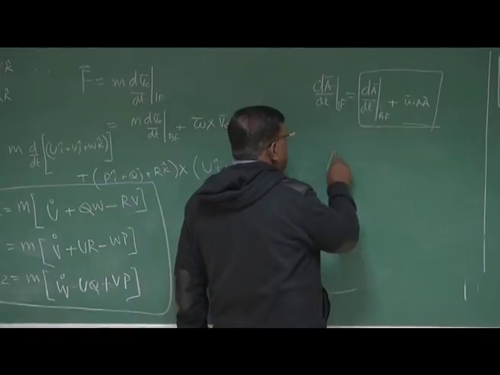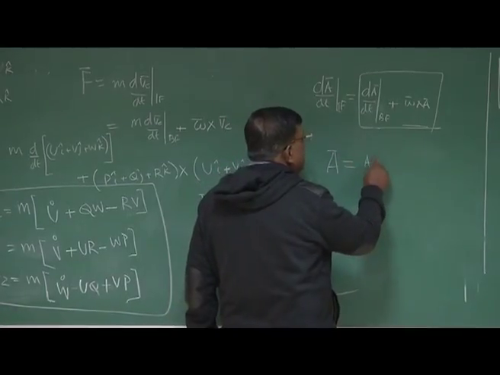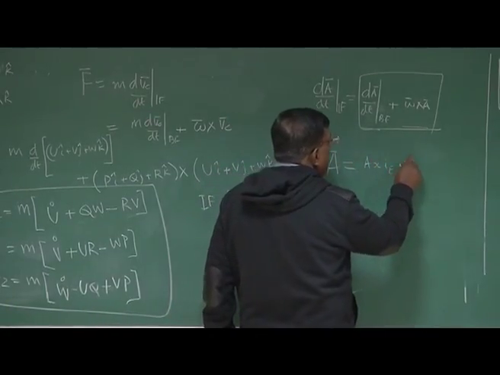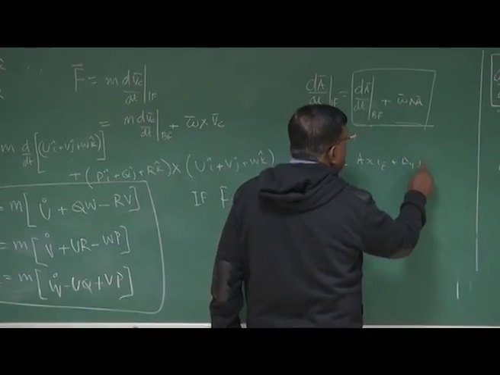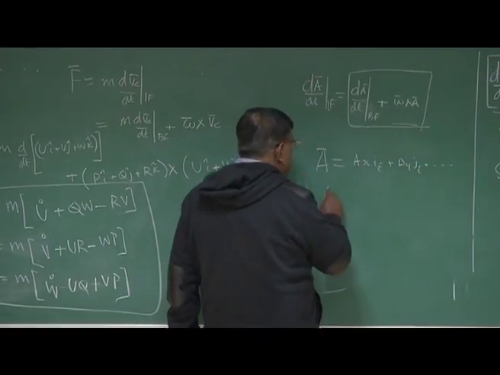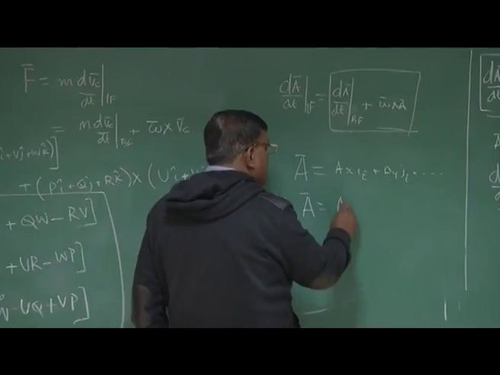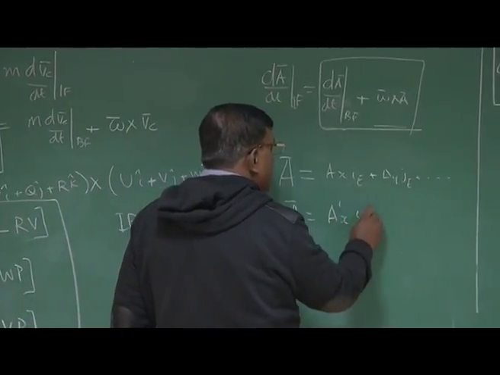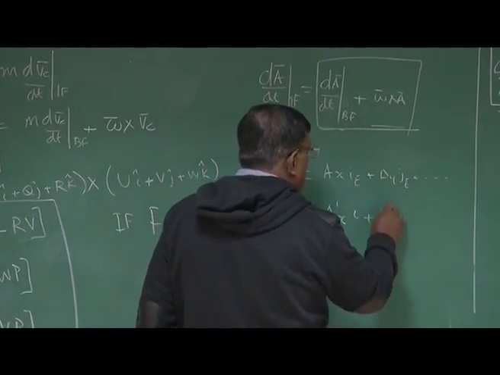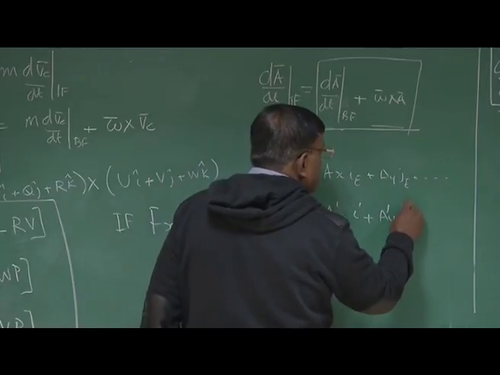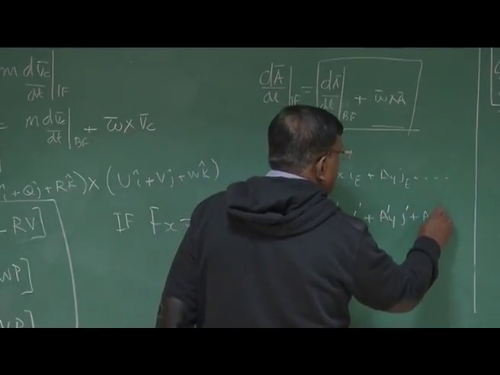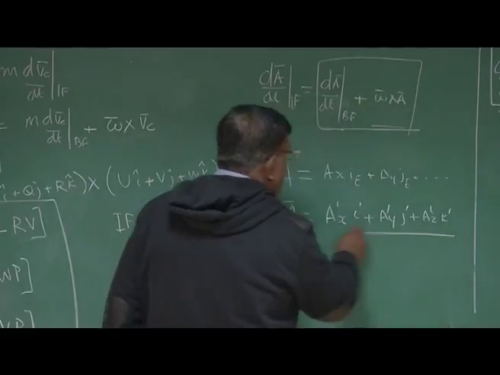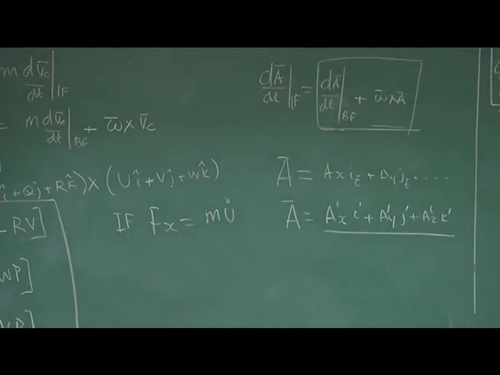We wrote A as Ax i_E plus Ay j_E and so on. Similarly, we also wrote A as Ax prime i plus Ay prime j prime plus Az prime k prime.